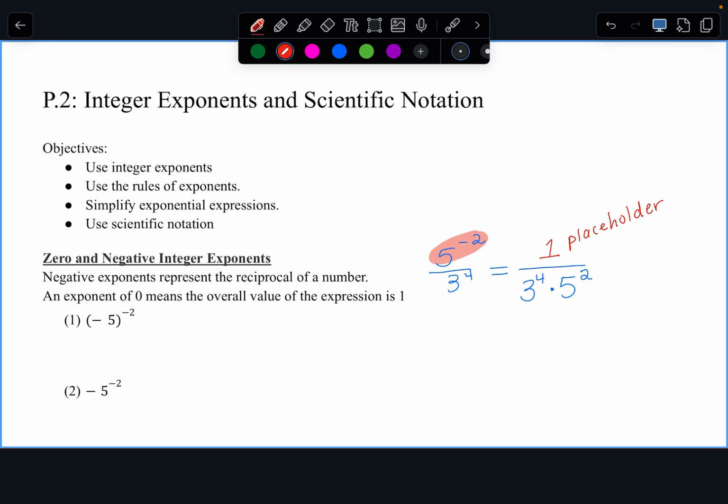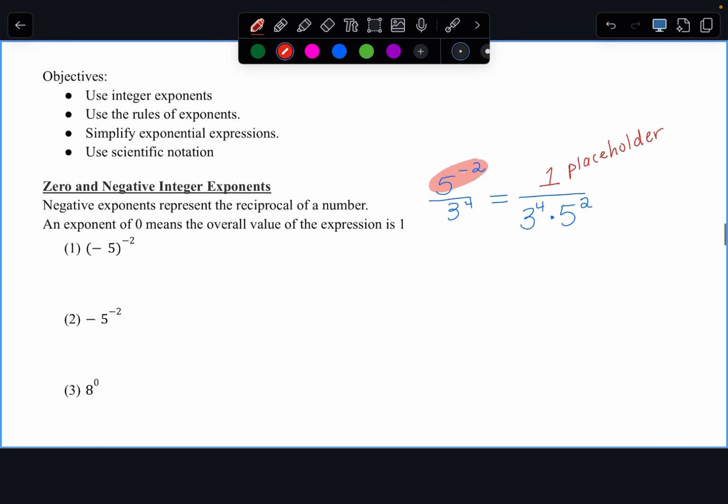Same thing is true if we have a negative exponent in our denominator. We can move it up to the top to become positive. Okay? So, negative 5 to the negative second power. This negative, that's okay. That negative, not okay. We don't want negatives in our exponents.